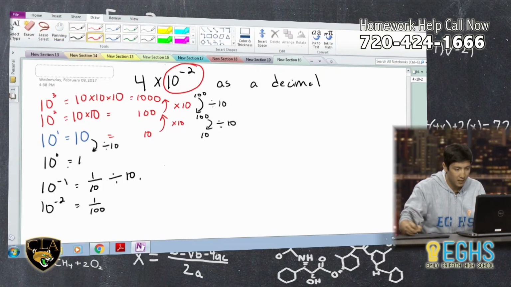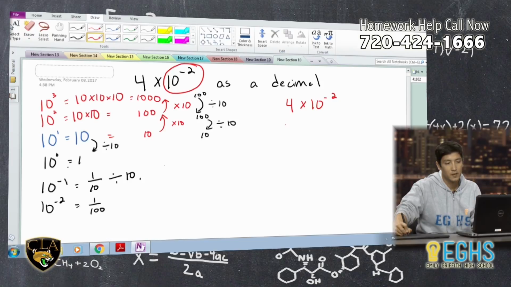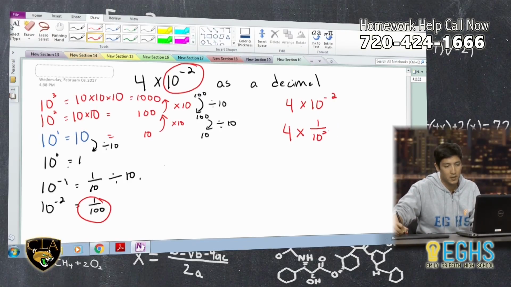So when we say 4 times 10 to the -2nd as a decimal, we're going to say 4 times, and if you look here, it's 1 over 100. We could think of this as 1 over 10 squared, which becomes 4 times 1 over 100.